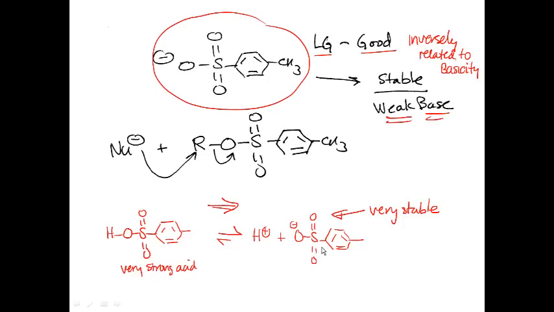Why is this very stable? Resonance. Okay. So tosylates make very good leaving groups because they form lots of resonance structures, therefore are very stable, and therefore are very weak bases, which makes them excellent leaving groups.